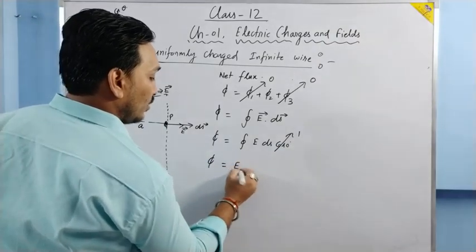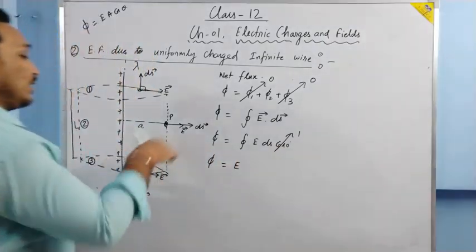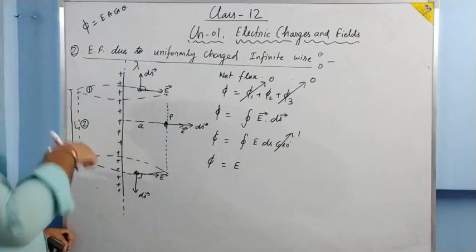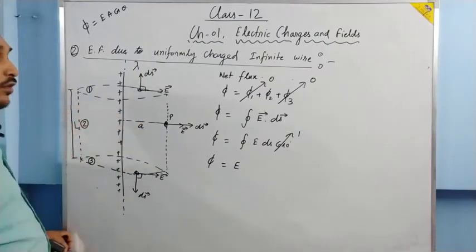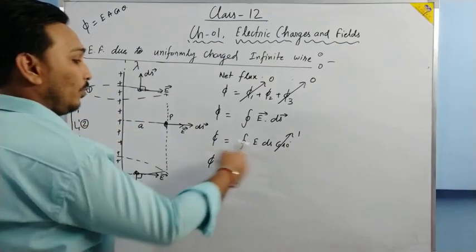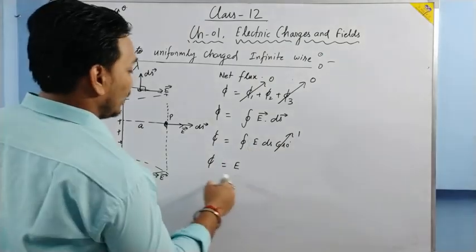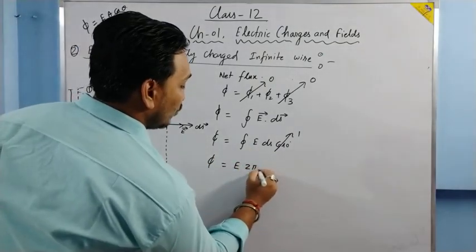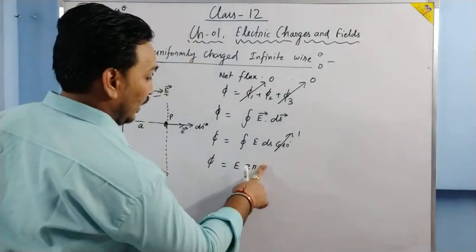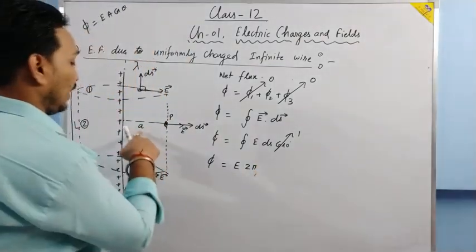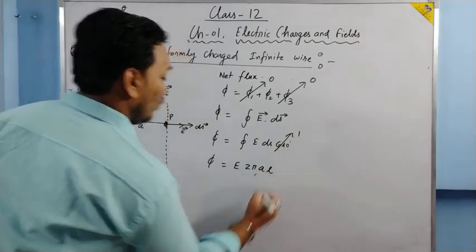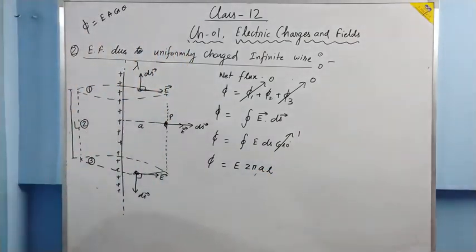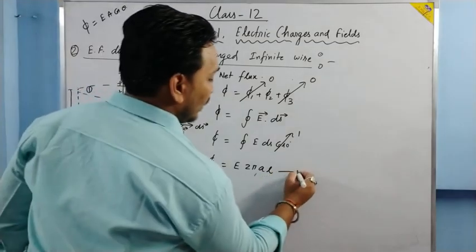E is outside the surface integration because the cylinder is equidistant from the wire, so at each point of the cylinder the electric field will remain the same. The E will be out of the integration, we will have dS, and for the curved surface area we have a formula, that is 2 pi A L. A is the radius of the cylinder. Right? Let this be equation number 1.